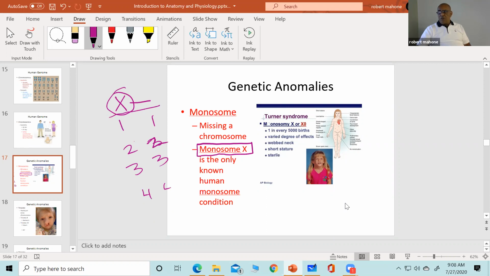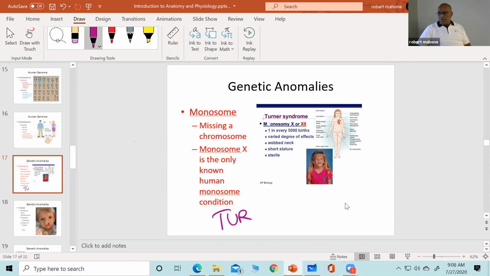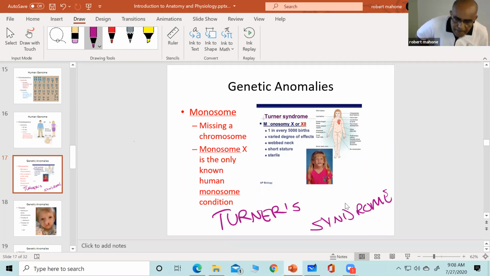All right, so the only known human monosome condition is monosome X, also called Turner's syndrome. Now, Turner's syndrome only happens to little girls. Why do you think that is?